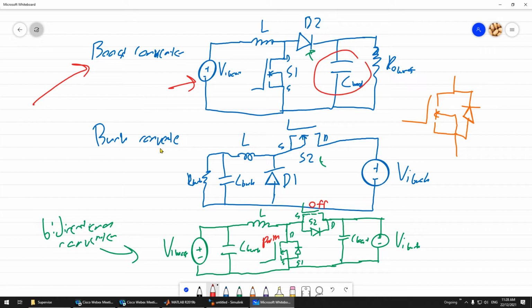But if you want to operate in buck converter mode, you have to PWM this and turn off this. Okay, so when you turn off the MOSFET, it will just become a diode. That's it. That is how the bidirectional converter operates. So I will show you how to implement this, because there is some hurdle when you want to implement the bidirectional converter.